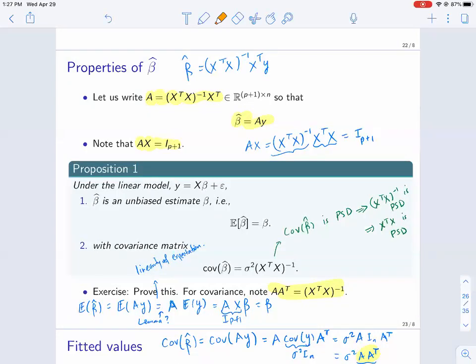What happens if I assume that Y is actually... if we further assume E2, which means that epsilon is normal with covariance sigma squared I_N, then Y is multivariate normal with mean mu and covariance sigma squared I_N. What can I conclude about beta hat? Can I conclude that it has a certain distribution?